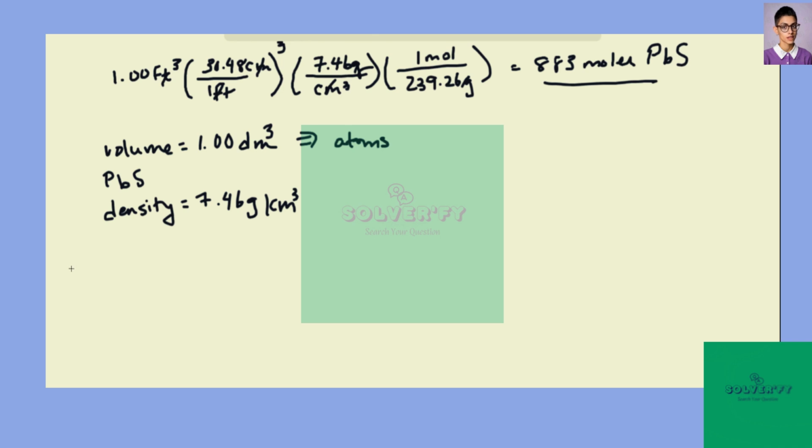We start with volume in our roadmap, which we change to mass, again using the density. To get to atoms, we have to first go to moles from mass. So we again use the molar mass.